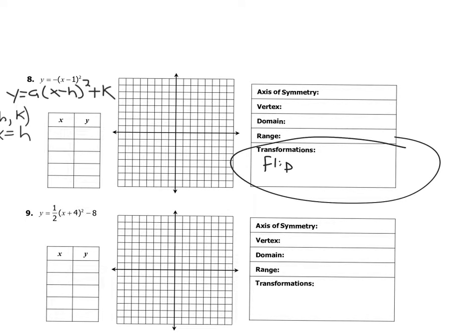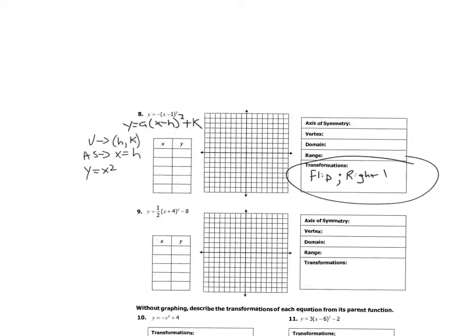That's one of our transformations. What else? So it's minus 1. Because it's minus 1, that means we are going to go to the right 1. Okay? And then we don't have a k, so that's it. Those are the only transformations.